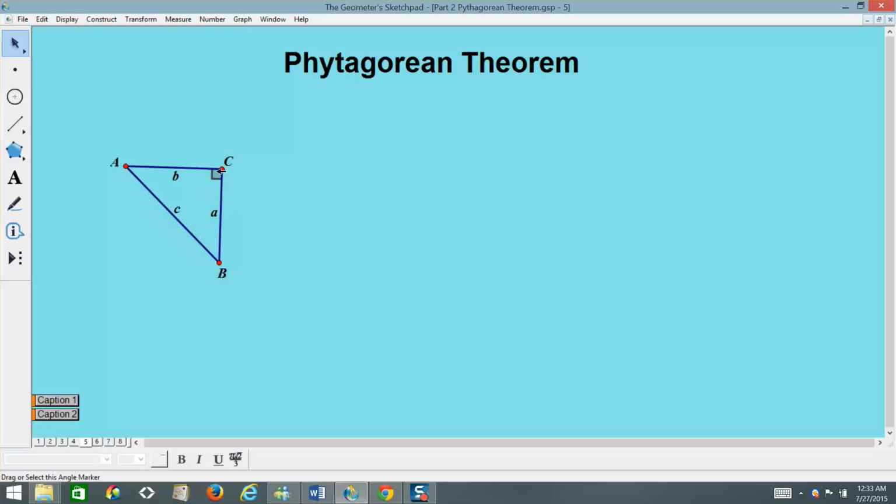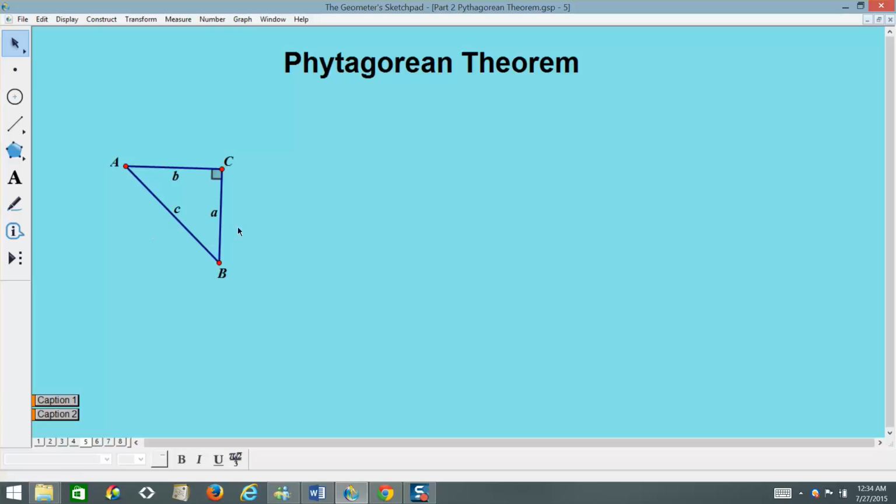Look at this triangle. It is triangle ABC, and I give the names. In front of angle C is side c, in front of angle B is side b, and in front of angle A is side a, with C being the right angle.